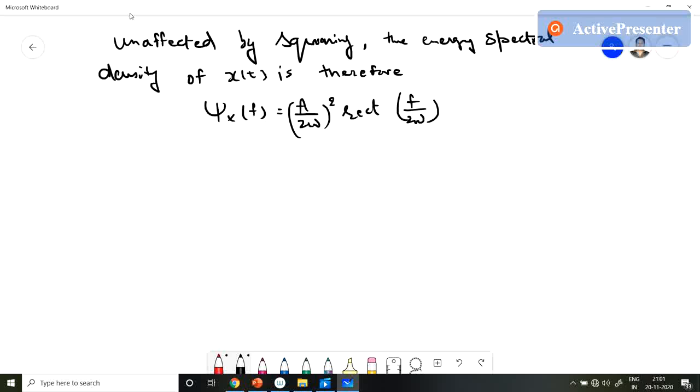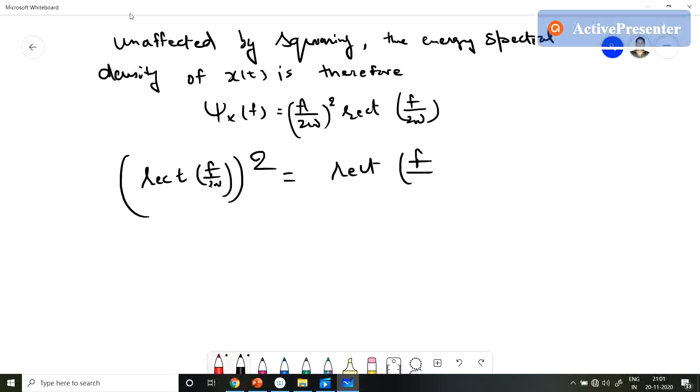Why are we getting this? Because rect(f divided by 2 omega) squared is equal to rect(f divided by 2 omega). There is no harm in writing it like this because squaring will not affect the area.